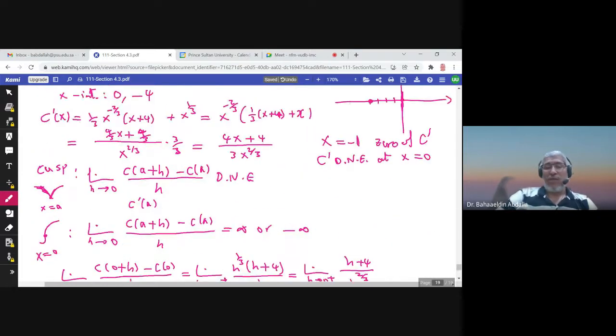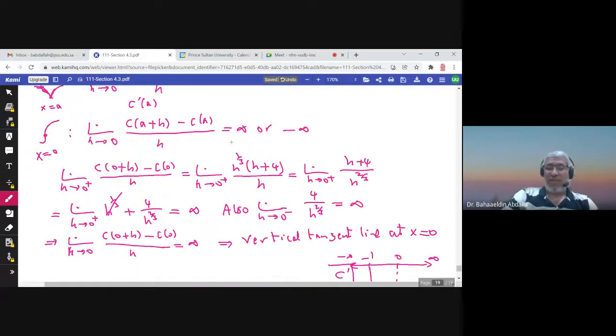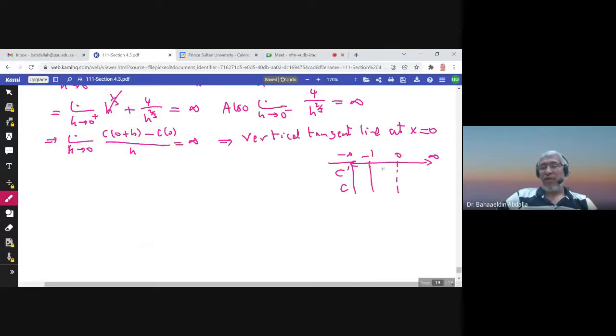Well, this is x to the power 2 over 3, so it's always positive. So the sign of c prime depends on the numerator. If I choose a number greater than negative 1, 2 for example, it would be positive. So to the right of negative 1 it is positive, here it is negative, so it's decreasing, increasing, increasing. I have nothing at 0 because the first derivative is not defined.